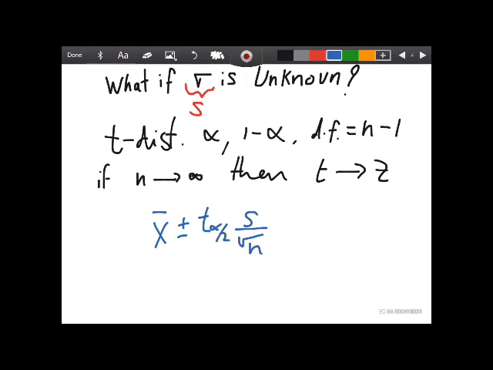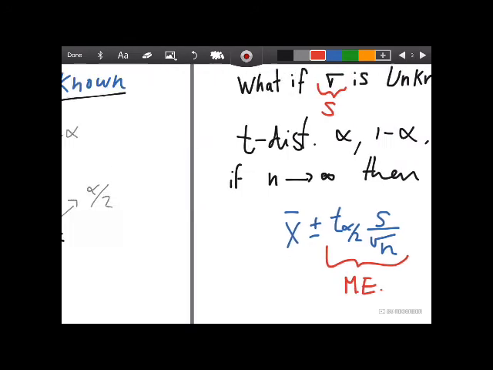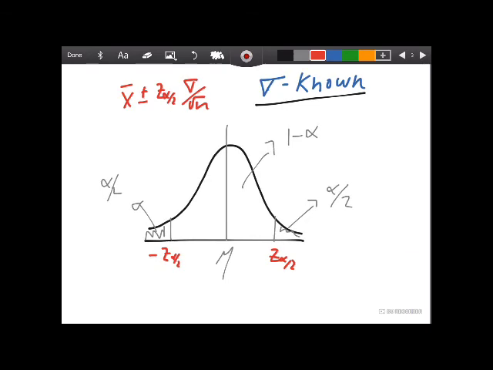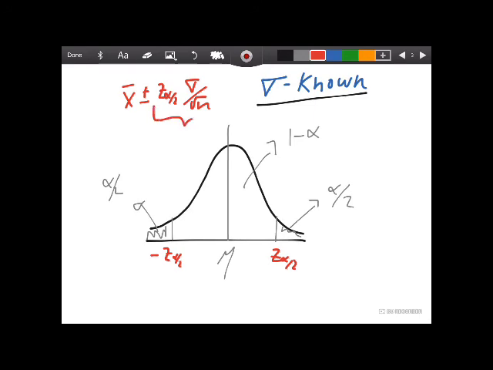Again, the important point here is that the margin of error would be this expression, t alpha halves times s divided by square root of n, in the case of sigma unknown. And the margin of error equals z alpha halves times sigma divided by square root of n when we know sigma.